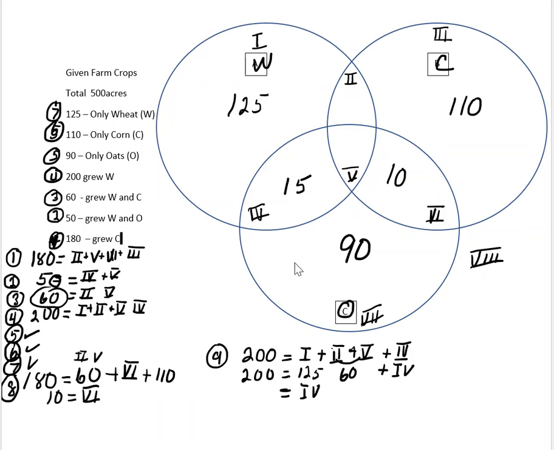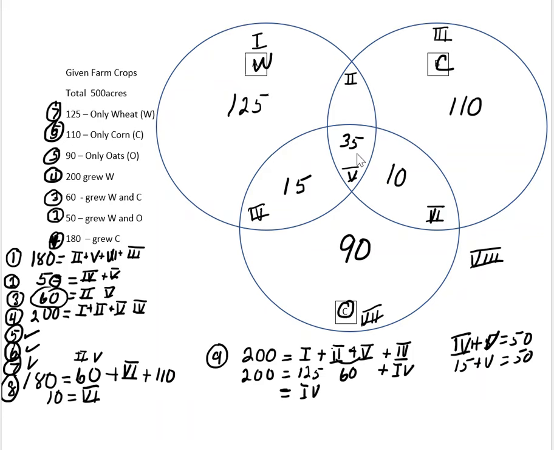Now, because I know that 4 and 5 together make 50, it's because 4 plus 5 equals 50, and I know that 4 is 15, I can figure out that inside here must be a 35.